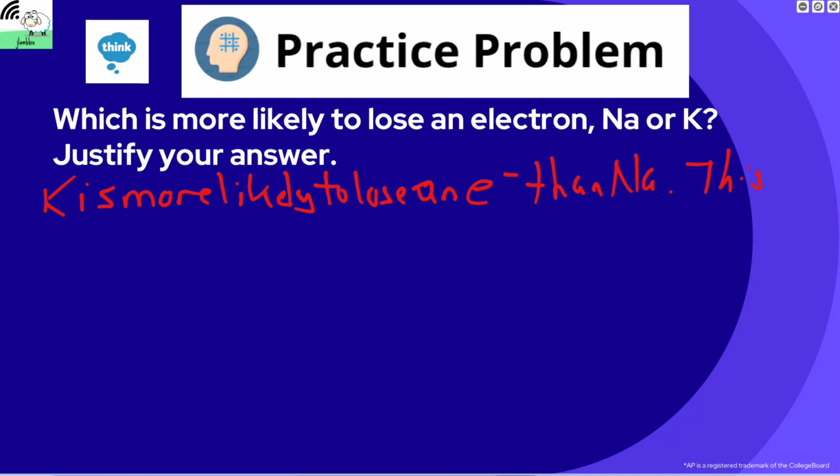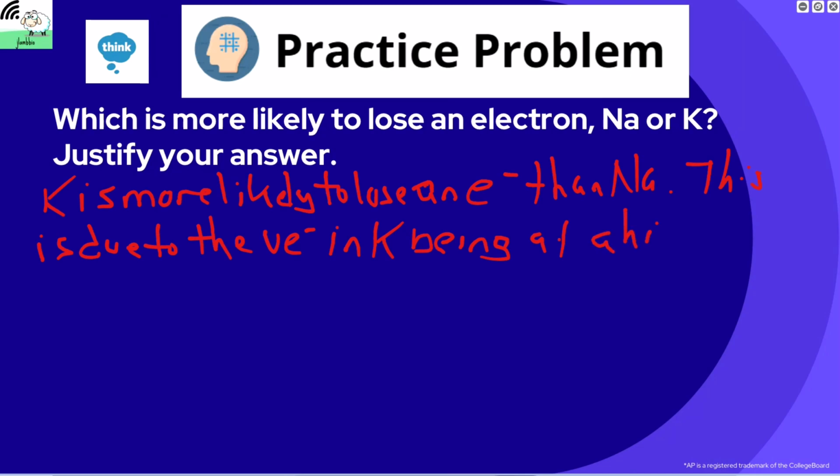This is due to the valence electrons in potassium being at a higher energy level than that of Na.